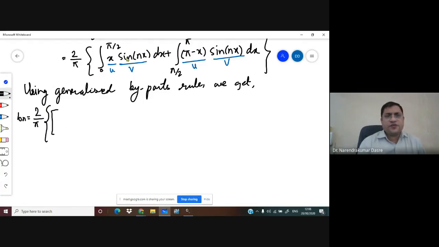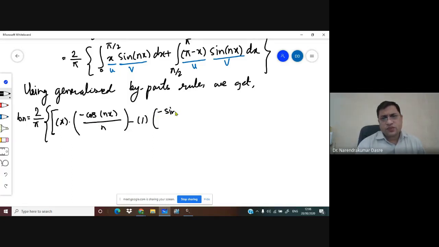for the first integral. For this integral, we have x as it is, integration of this term, so it is going to be minus cos of nx upon n, minus the derivative of this term, so it is going to be 1, and integration of this term, so it is minus sine of nx upon n square. And the limits for this are 0 to pi by 2. Please be careful for the limits of the integration. Okay, then plus.